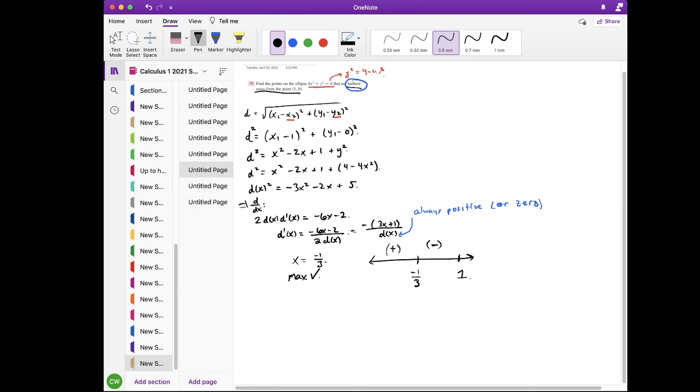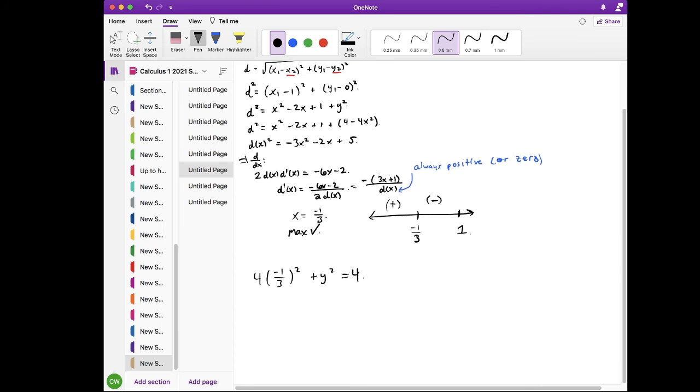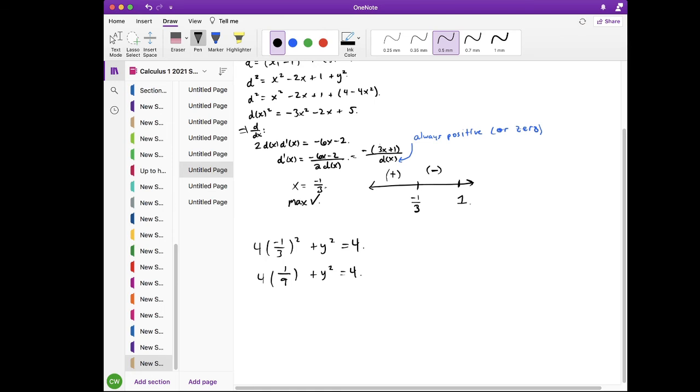While I'm doing that, can someone tell me why I have to be careful? Why am I asking you to be careful here? Yeah, the square root.